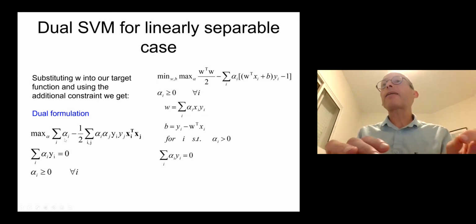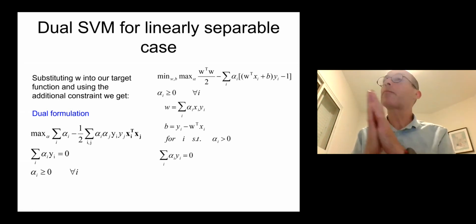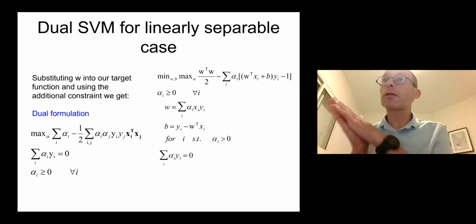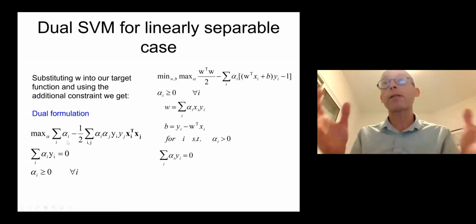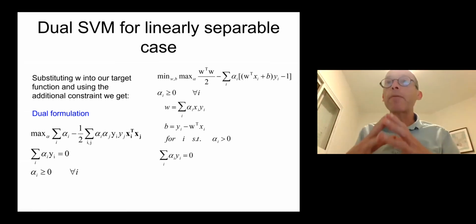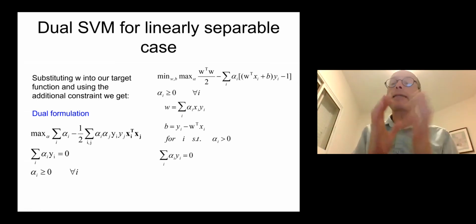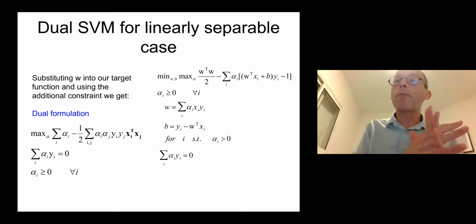We said the cardinality of alpha I, or the number of parameters we have for alpha I, is the number of samples. Here we had the number of features as parameters, and here we move to something different, but it's still parameters. We don't know the values of the alpha I's, but the number of alpha I's we need to find is the same as the number of samples.